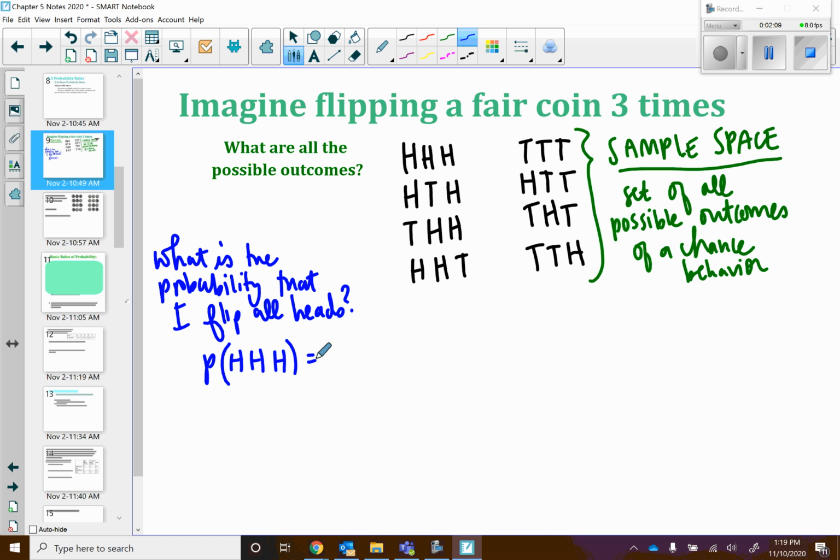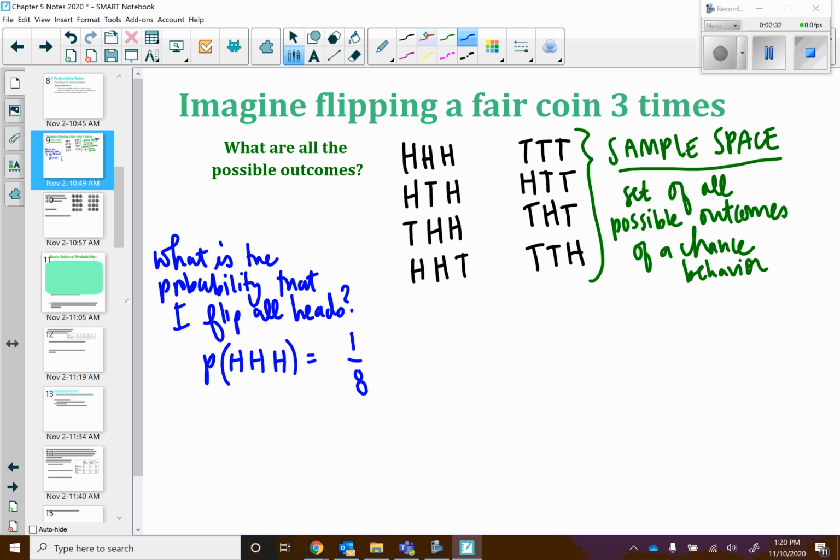Again, take a moment, pause the video if you want, but if we think about this, there are 8 total outcomes here, right? 8 possibilities, and heads, heads, heads is 1 out of those 8. Each of those outcomes is equally likely, so I have a 1 in 8 chance of this happening.